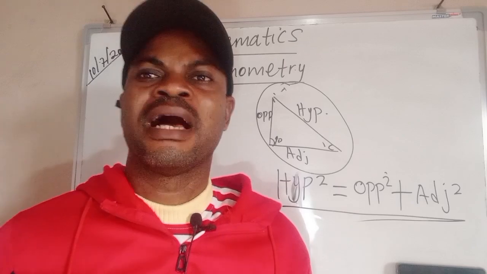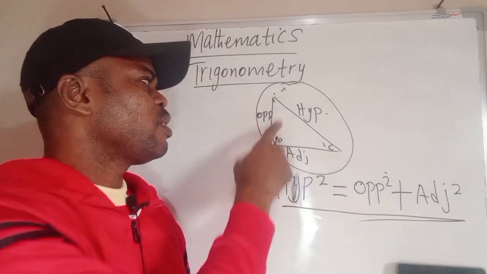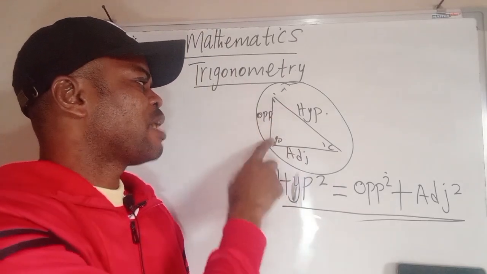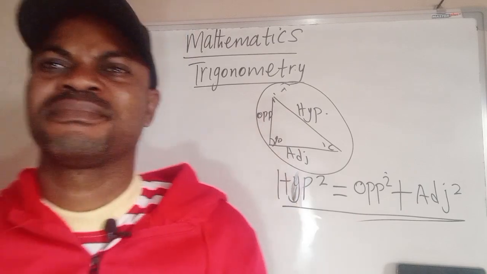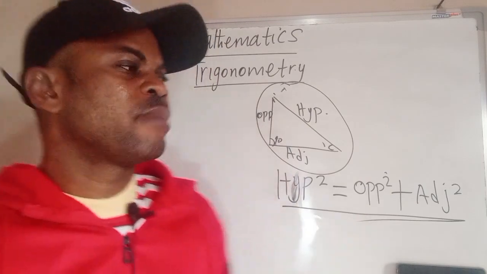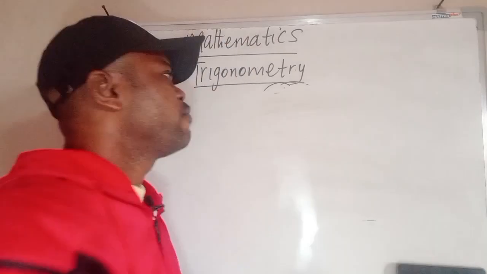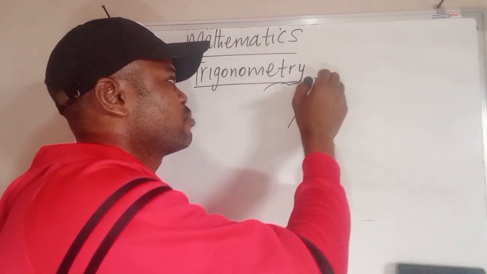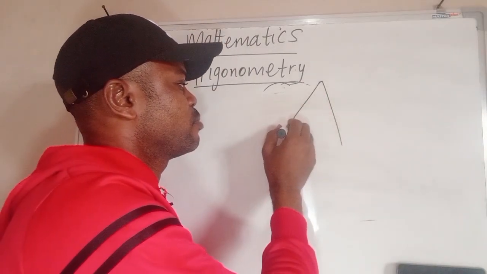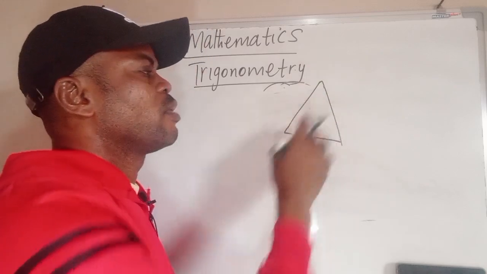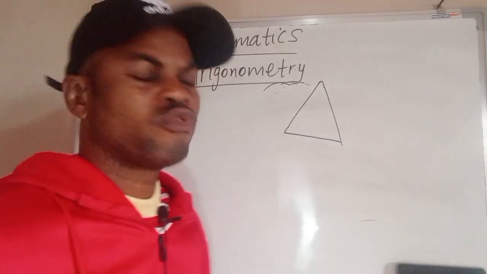Now, what comes to mind if we find out that the triangle we're dealing with is not a right angle triangle, that means this point is not 90? What comes to mind if the triangle you're dealing with is of this shape? Of course, none of these is up to 90. This can be regarded as an acute triangle.